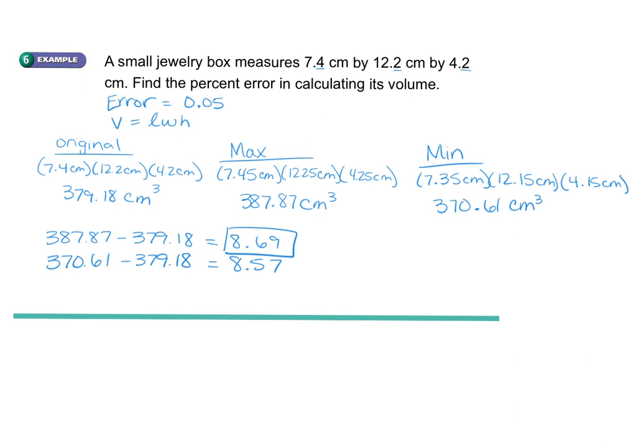So we're going to take our maximum amount, the 387.87. We're going to subtract off the original amount, or I could have just taken the 8.69 from above, and we'll divide this by the original amount.